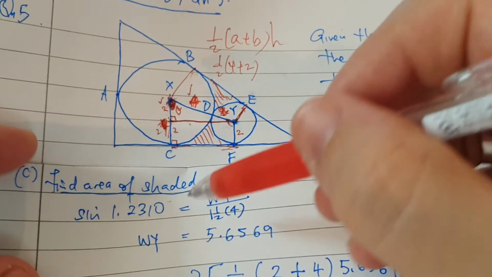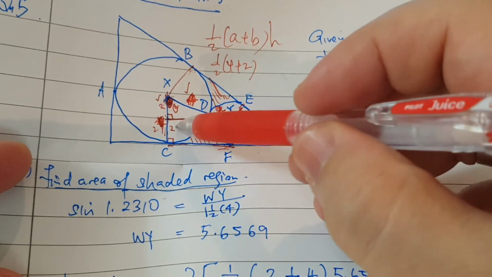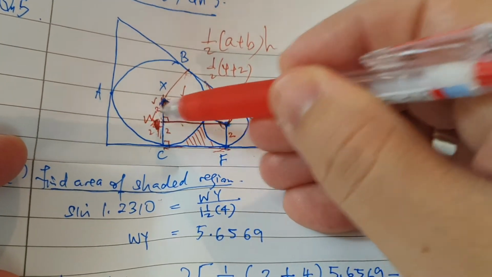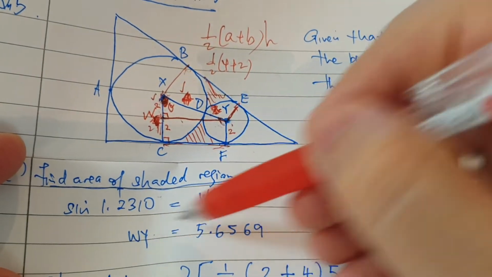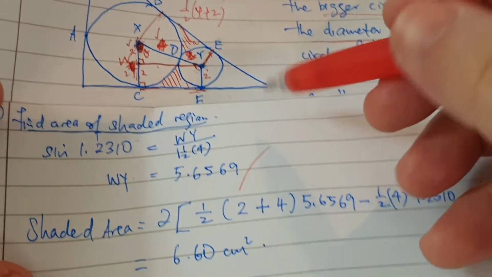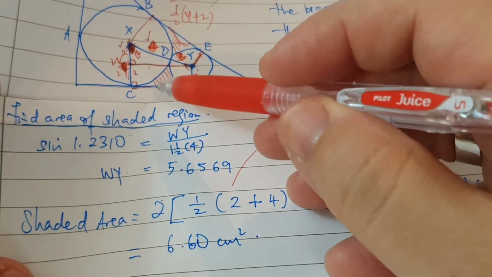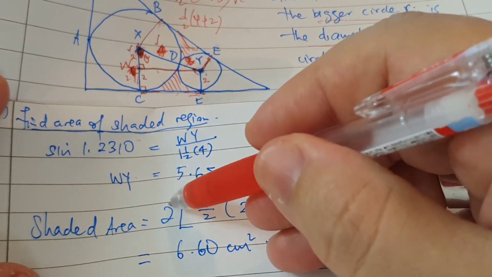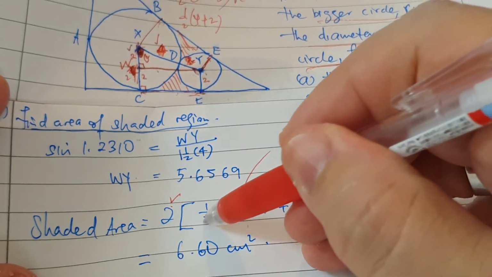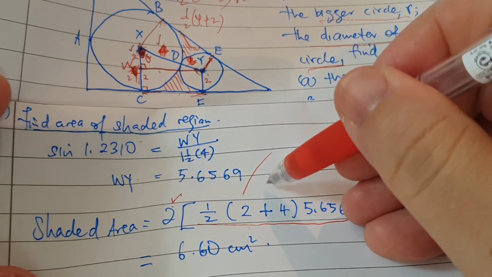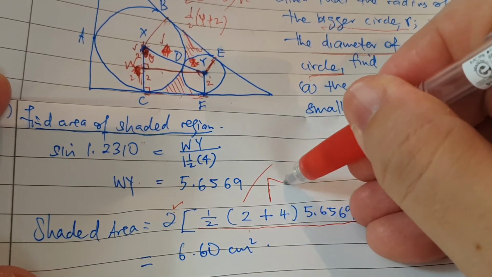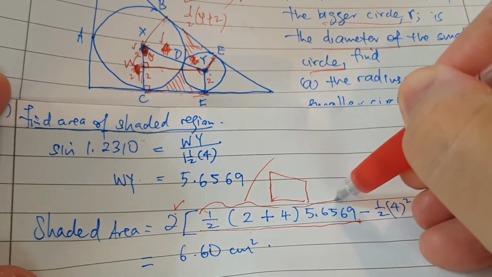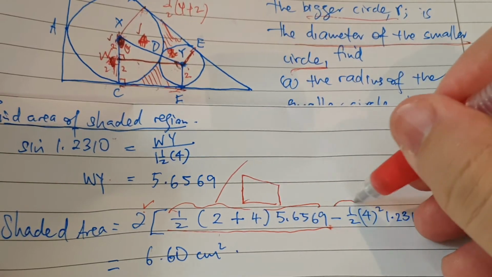Okay, that is what I've done here. So I know WY. I call this WY. Found already, right? Then I use Y2 because this and this the area are the same. So these two, you understand? What is this? Area of the trapezium. That's this whole thing. Okay? What is this?